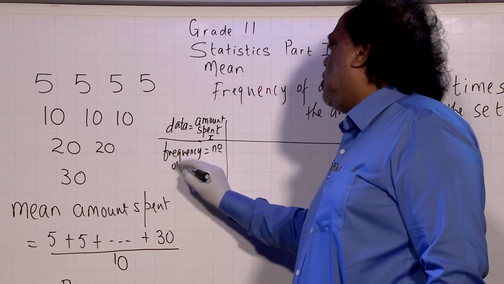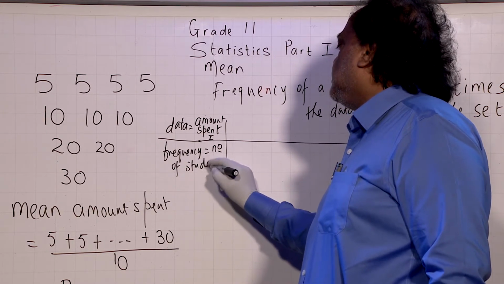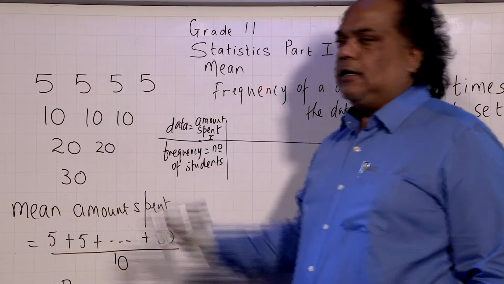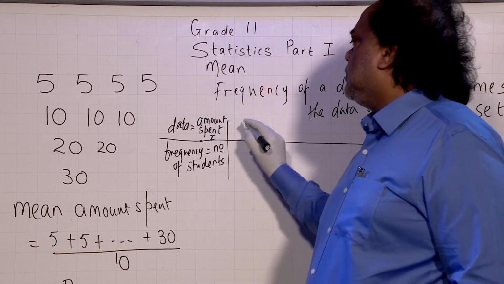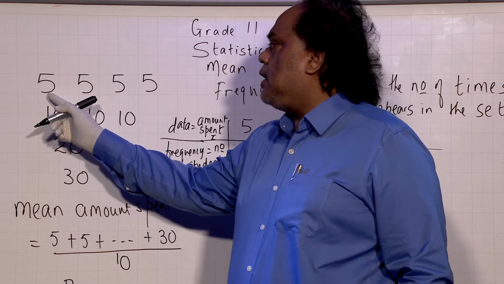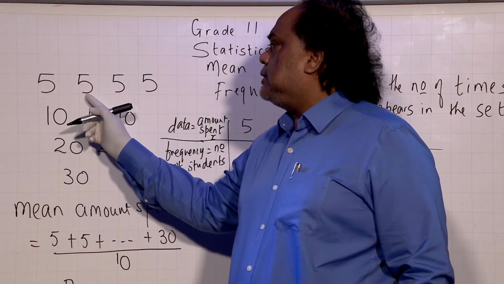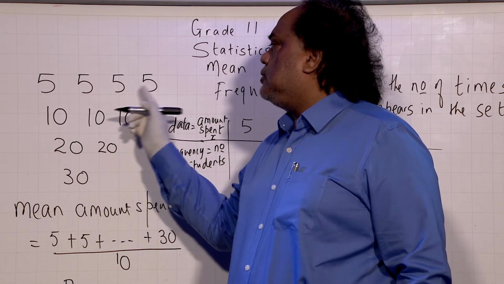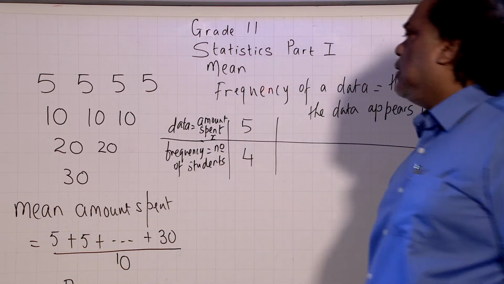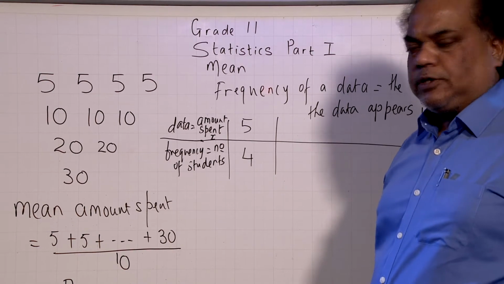Number of students. The first data was 5. How many students spent 5 rupees during lunchtime? First, second, third, fourth. So 4 students spent 5 rupees during lunchtime.